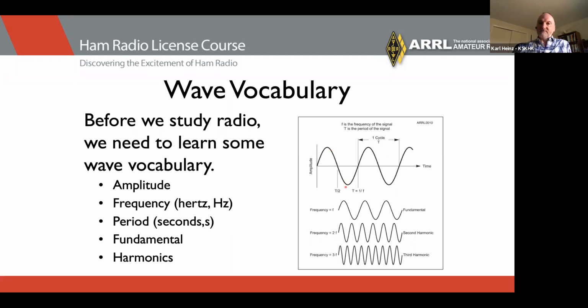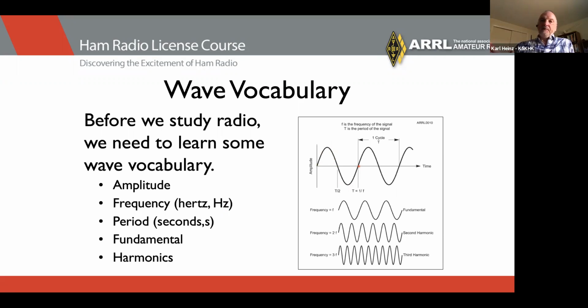negative maximum. Then we talk about frequency, and we measure frequency in hertz, abbreviated with a capital H and a lowercase z. The frequency basically counts how often we have one of these swings up and down and back to the neutral mark within 1 second.